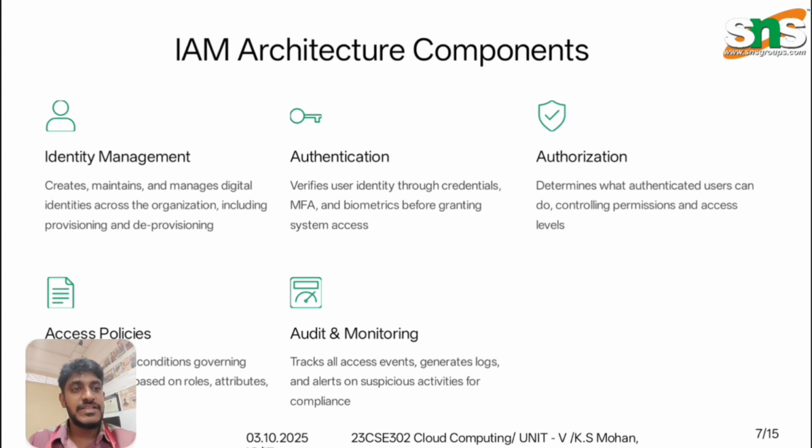Also authorization is important: it determines what authenticated users can do, controlling permissions and access levels. Then access policies, and audit and monitoring, which track all access events and generate logs and alerts for suspicious activities and compliance.